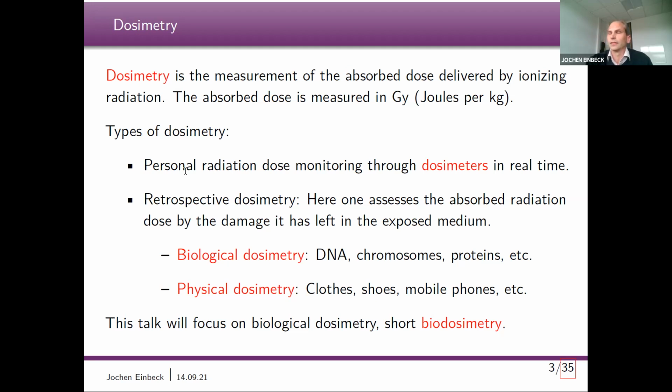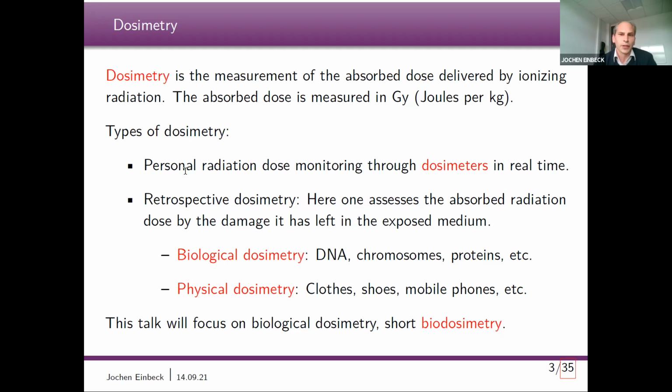Or if you think of an accident, we may think of large-scale accidents like Fukushima, but also small-scale accidents or incidents, simply that in some laboratory, somebody has not really followed protocol. Then they usually will not wear a dosimeter in that moment. So you need somehow to quantify retrospectively the degree of radiation that got absorbed.